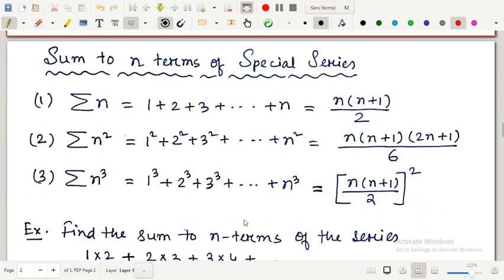Now I want to discuss something in short. Why am I discussing this? Because we need these things in our next question. Okay, this is not our topic. Sum to n terms of special series, this is not our main topic. This is not our core topic. I am discussing basically the formulas only, because we need this to discuss our next problem.